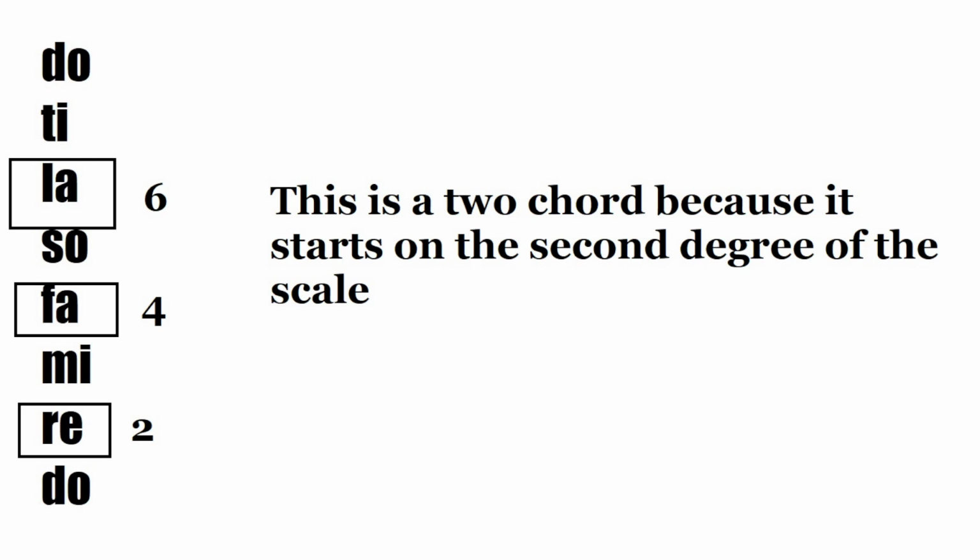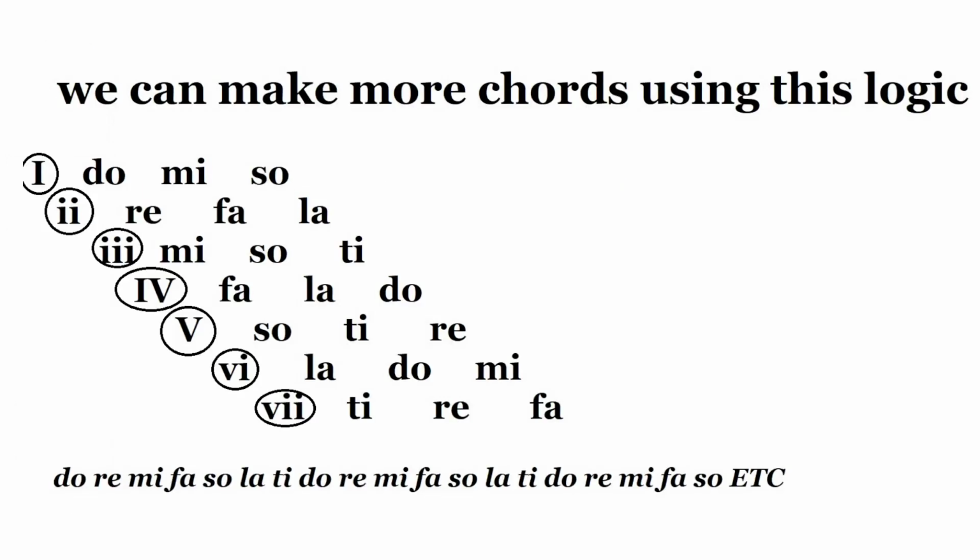And so we go 2, 4, and 6 when we stack these thirds. By using this logic, we can make different chords. 1 chord, 2 chord, 3 chord, 4 chord, 5, 6, 7. Each starting on their respective scale degree.